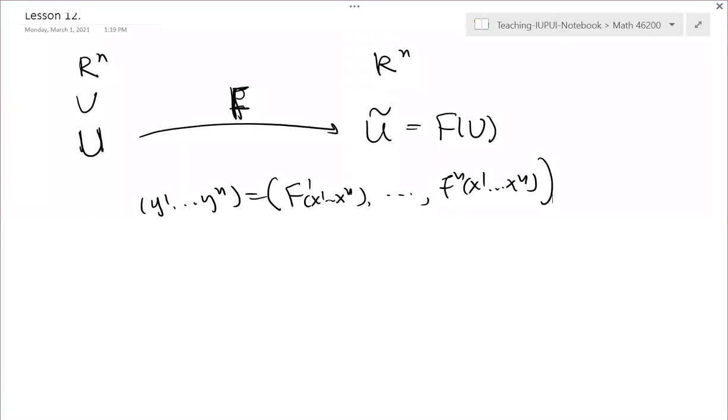Then you can find the derivative, and you get a Jacobian. The Jacobian of the function is just the matrix of all the partial derivatives.